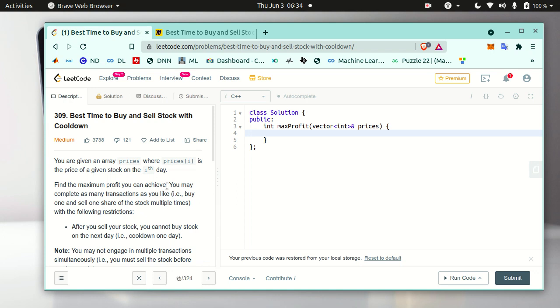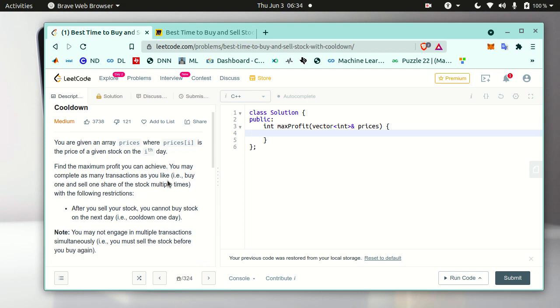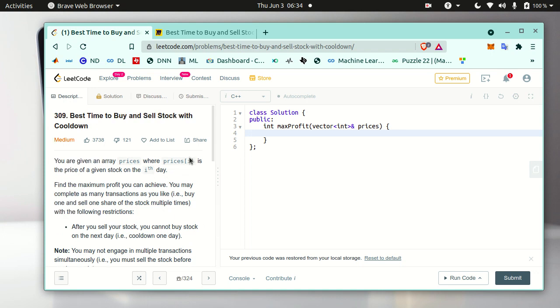In the extreme worst case it will take big O of n square, but on average it will take big O of n log n, but we are trying to solve these things with big O of n, linear time complexity.